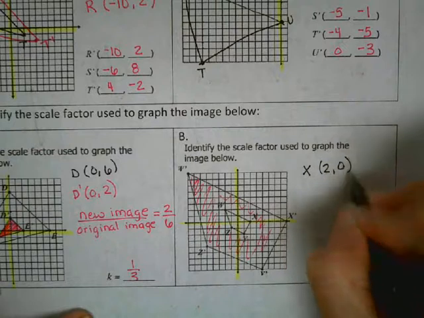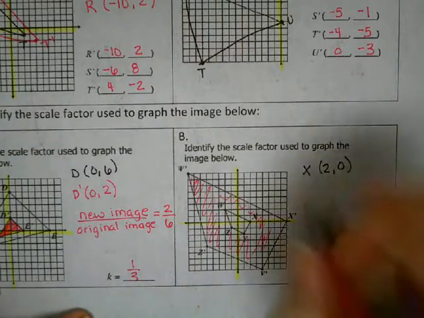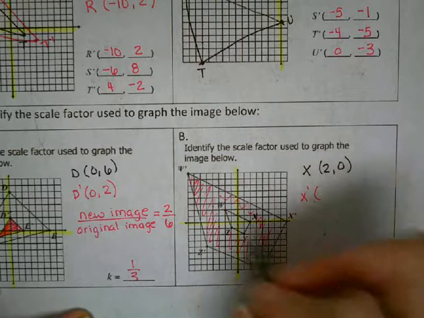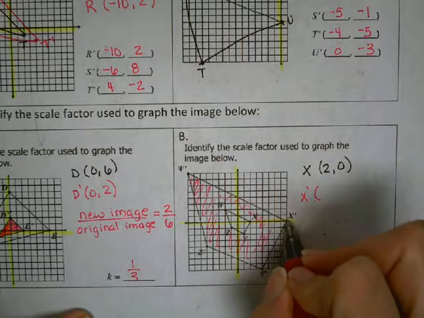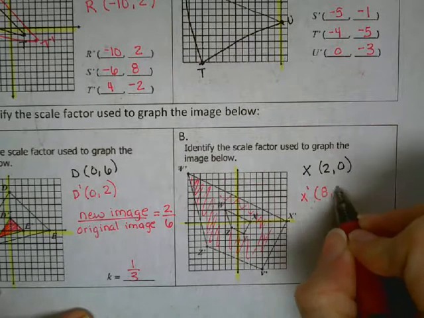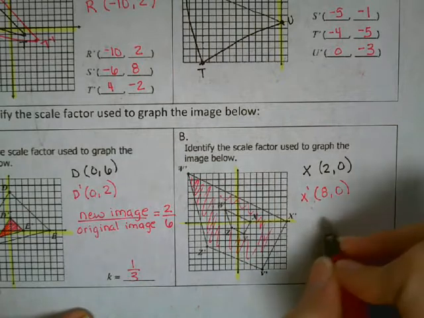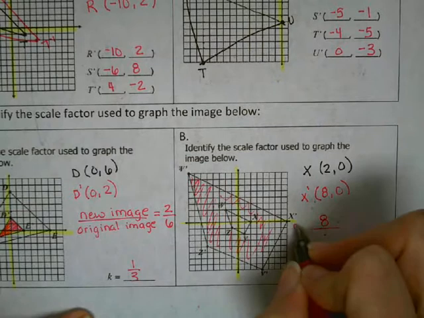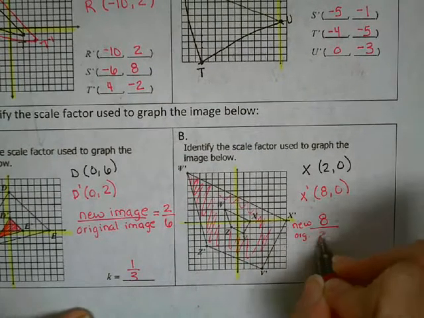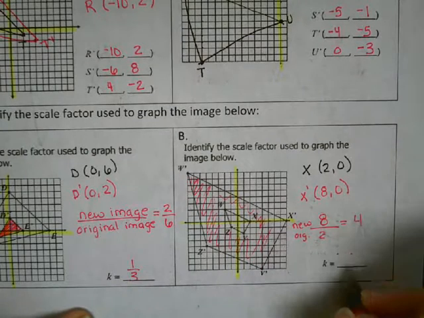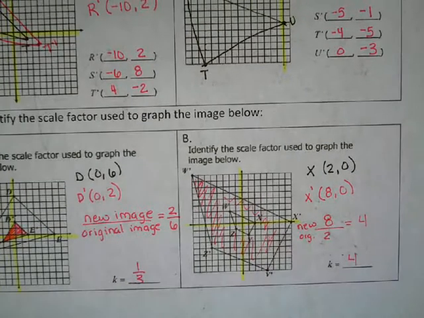The new X is at 8, 0. So new image, new versus original. That would be 8 over 2. It's 4. So that new picture, the one with apostrophes, is 4 times as big as the original.